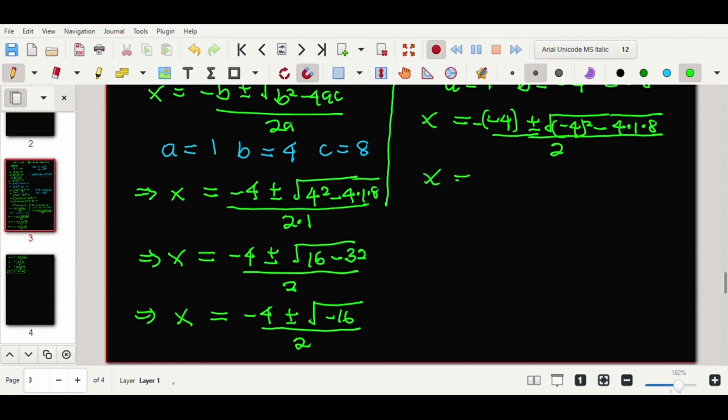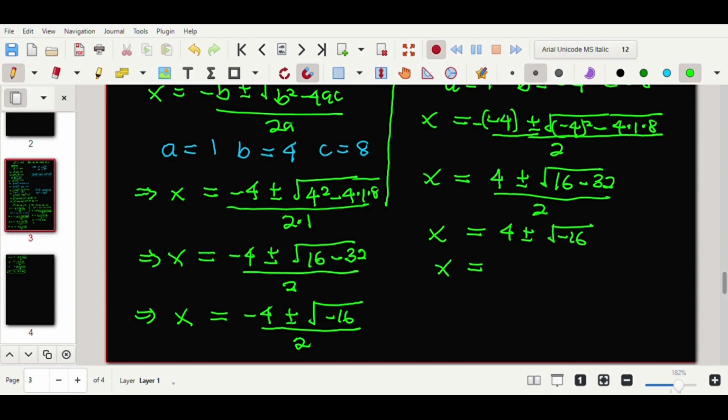Minus 4 squared gives us 16, minus 4 times 1 times 8 gives us 32, divided by 2. So x equals 4 plus or minus square root of 16 minus 32, which gives us minus 16, all over 2. So x equals 4 plus or minus square root of minus 16, which gives us 4i, divided by 2.